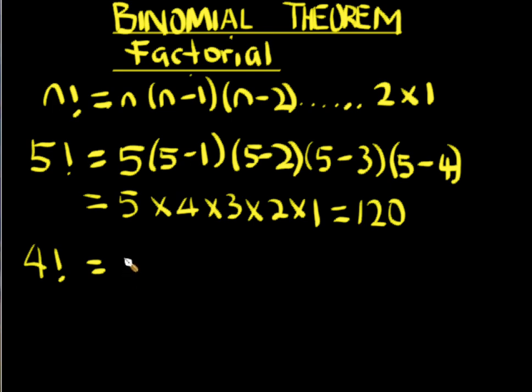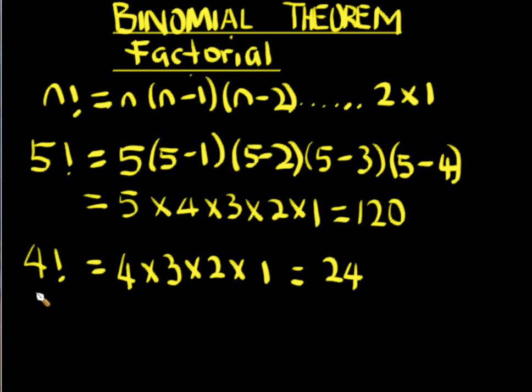So 4 factorial gives us 4 times 3 times 2 times 1. You notice the decrease, right? So 4 times 3 gives us 12, 12 times 2 gives us 24, and 24 times 1 gives us the very same 24.